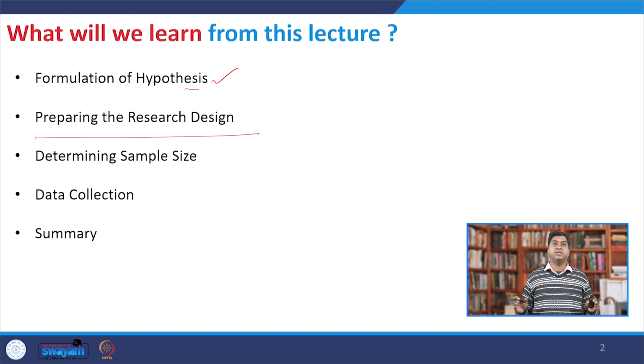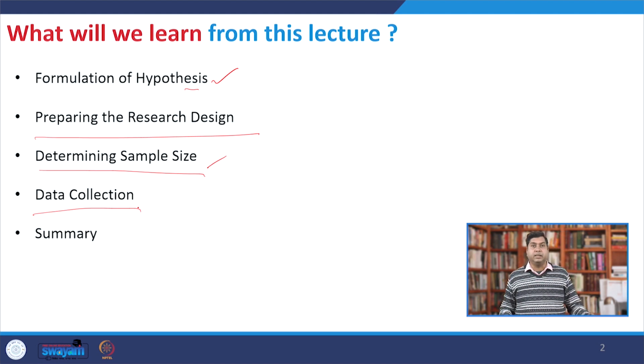That research design part starts from sampling strategy, sample size determination, development of questionnaire, identifying sources of data, and then conducting the data collection. In this we will also try to understand the sample size criteria and the data collection.